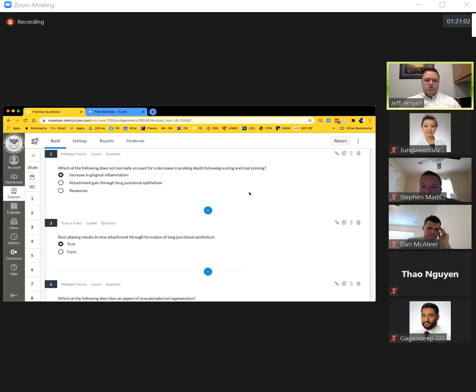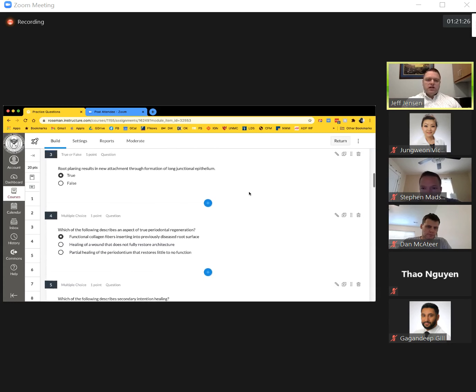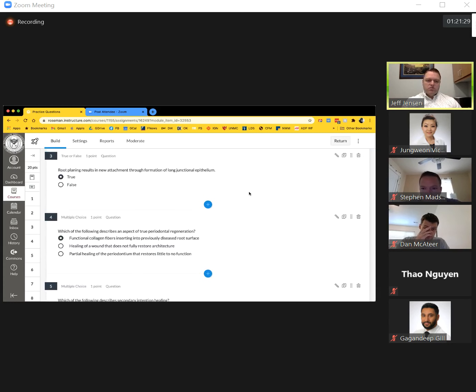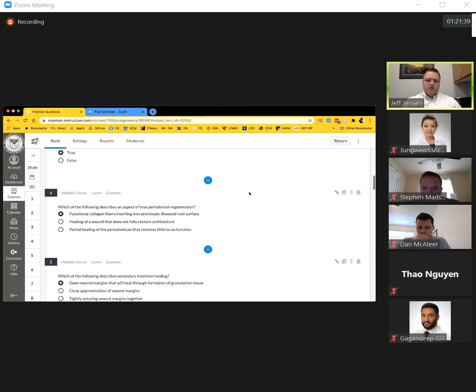When you see gingival inflammation, that gingiva is going to swell, therefore creating a deeper probing depth, almost through a pseudo pocket or just increased tissue volume, whereas the recession is going to shrink the tissue and essentially lower the probing depth from the coronal. Root planing results in new attachment through formation of long junctional epithelium. That's true. We talked about that. Typically, if we do root planing or if there's any attachment gain, it's through long junctional epithelium in the vast majority of cases.